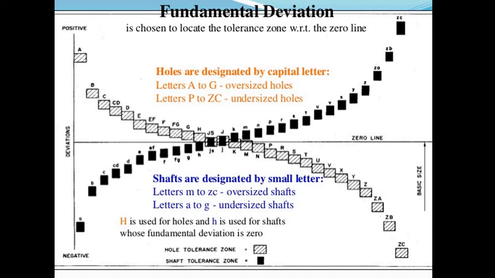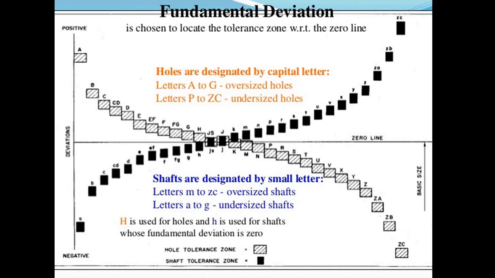These are the fundamental deviations of the shaft, and they are an exact mirror image of the fundamental deviation of the hole. They are exactly opposite to the fundamental deviation of the hole. You can see this is A type of shaft, B, C, D. This is A type of shaft, this is A type of hole.